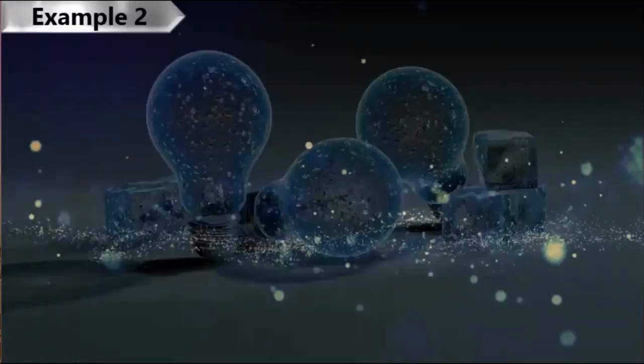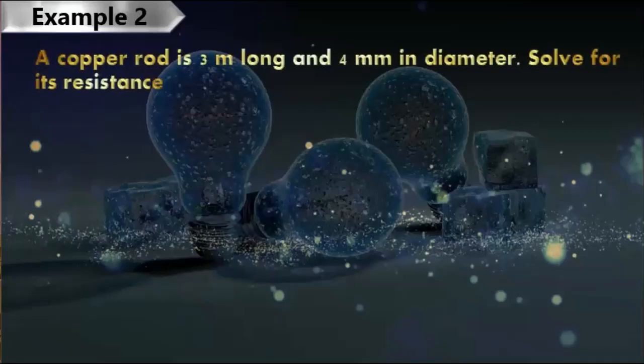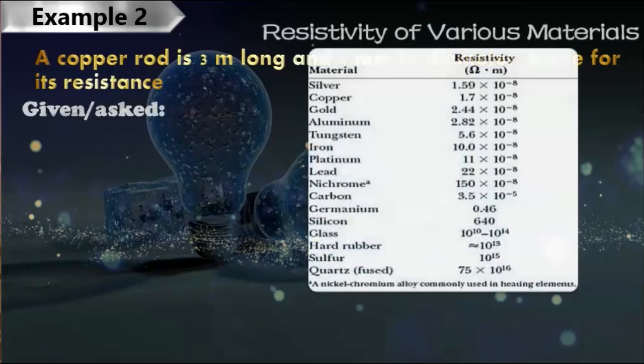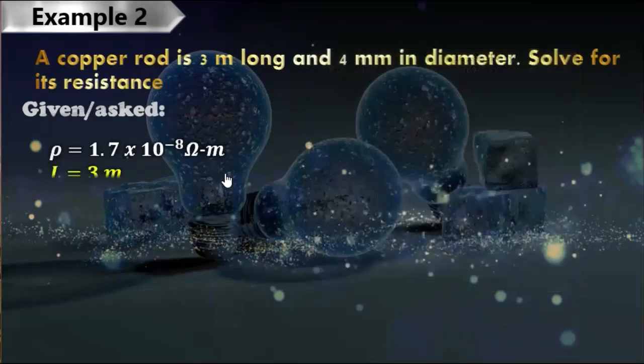Example number 2, a copper rod is 3 meters long and 4 millimeters in diameter. Solve for its resistance. Provide what are the given and being asked in the problem. We have here the resistivity of a copper rod is 1.7 times 10 raised to the power of negative 8 ohm meters. Length is 3 meters, and take note, in the problem we don't have the value of cross-sectional area.